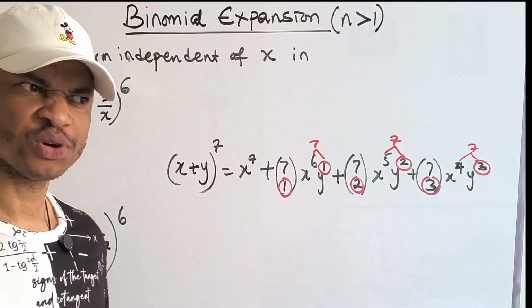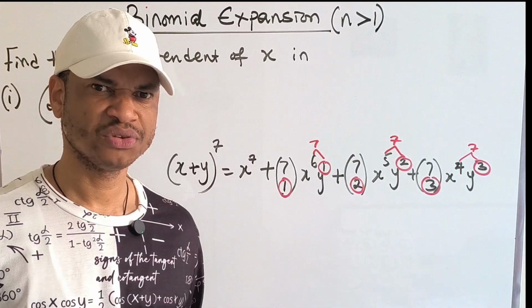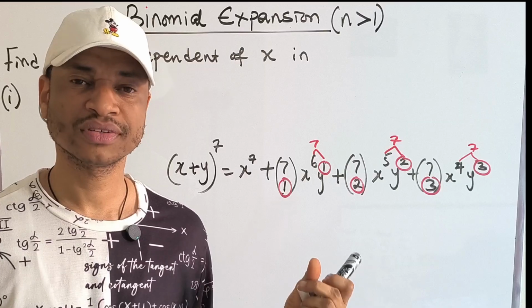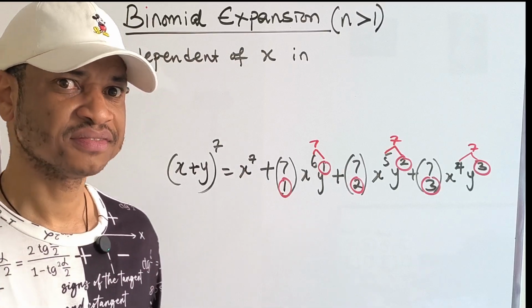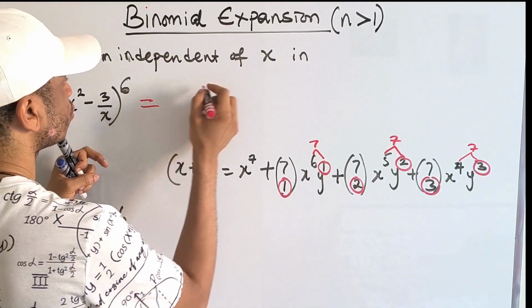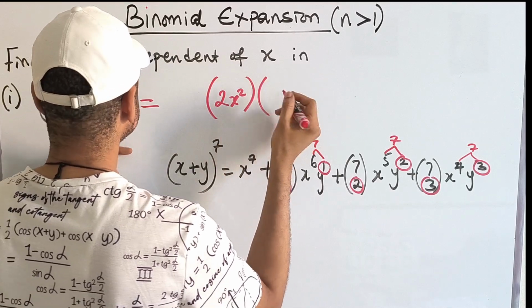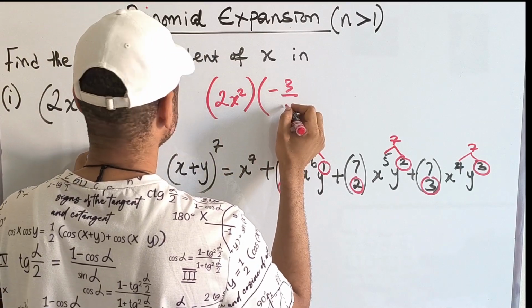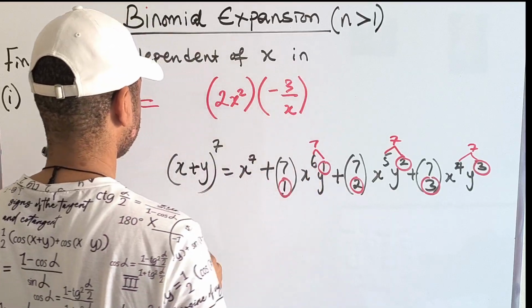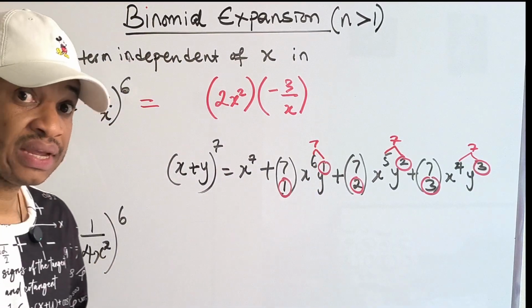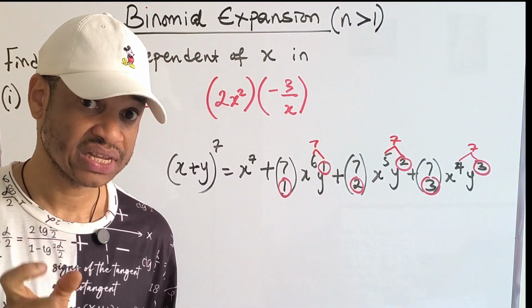Actually, I discovered it somehow, maybe somewhere else on YouTube or TikTok, but I thought of it and I got it. So obviously we're going to have 2x squared and minus 3 by x. If you're good in indices, trust me, you can do this in less than 1 minute.